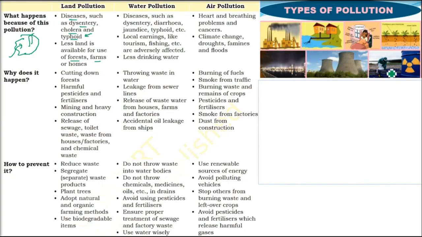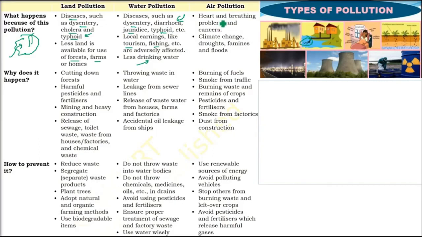Most of the diseases are waterborne, like dysentery, diarrhea, jaundice, and typhoid. If water gets polluted, the earning will drop, because water is important for tourism and for fishing. It will adversely affect everyone. We have less drinking water that we can count upon.